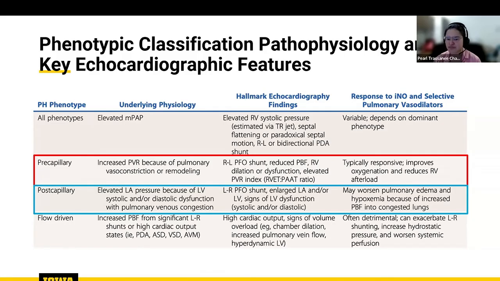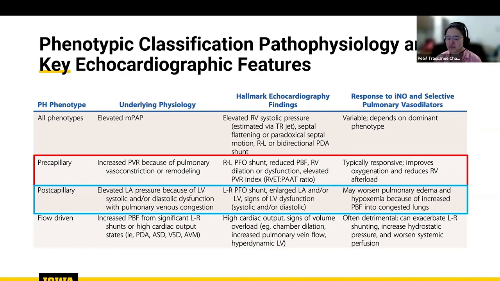In the post-capillary phenotype, the primary problem is in the left side of the heart. Therefore, the echo may demonstrate left to right atrial shunting, enlargement of the left atrium and the left ventricle, and evidence of left ventricular dysfunction. Importantly, pulmonary vasodilators may be problematic in this phenotype.